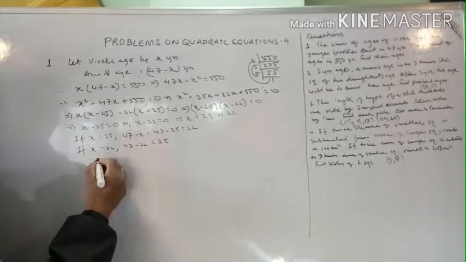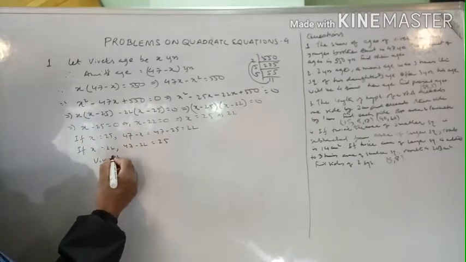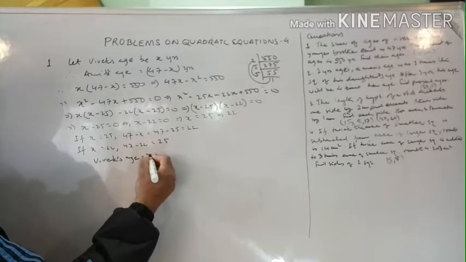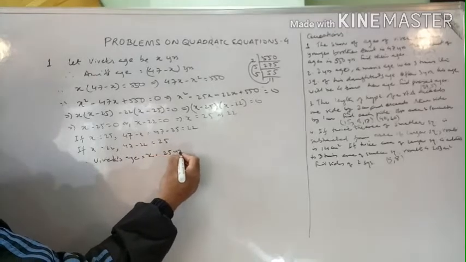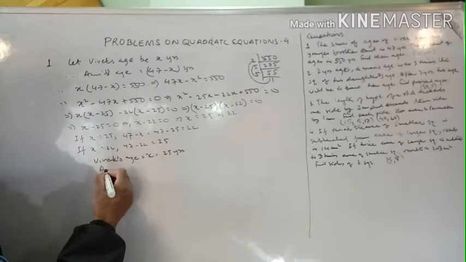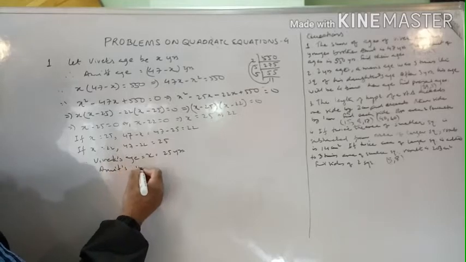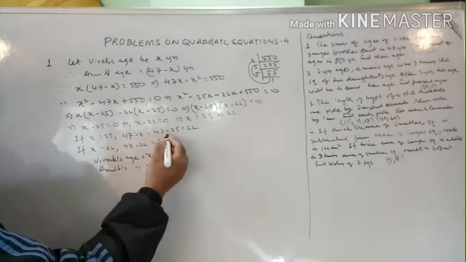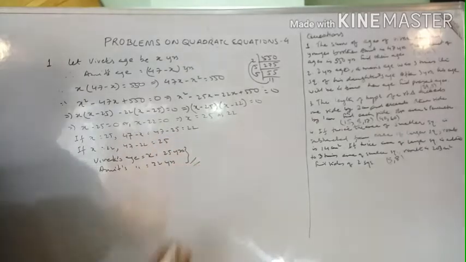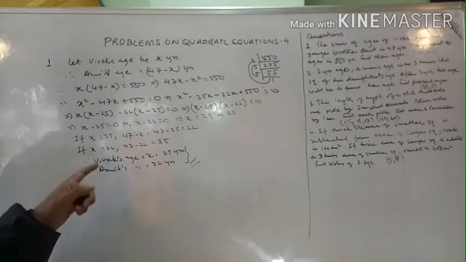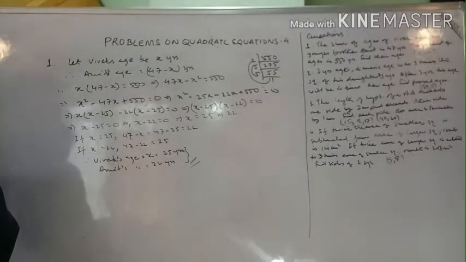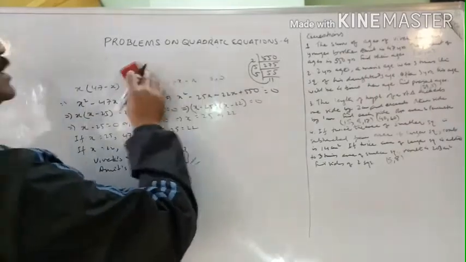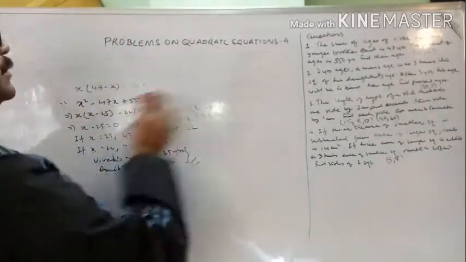Therefore Vivek's age, x, equals 25 years, and Amit's age is 22 years, because it is 47 minus x. So these are the answers, because Vivek is the elder brother and Amit is the younger brother: 25 and 22.